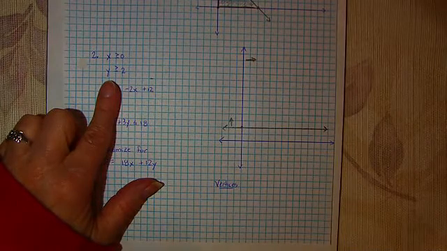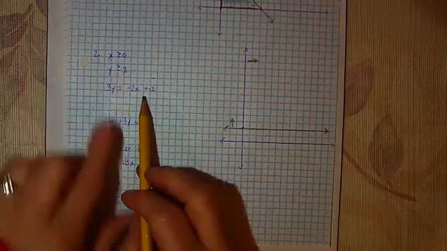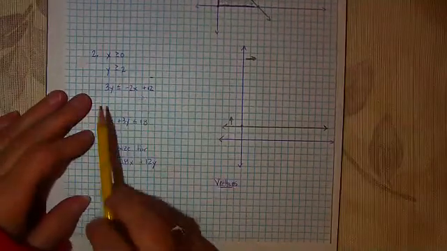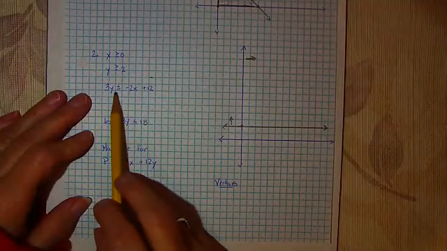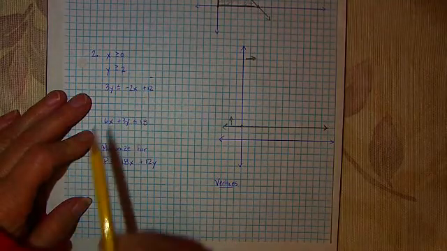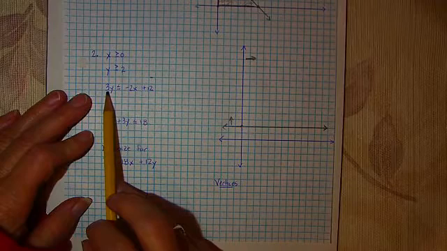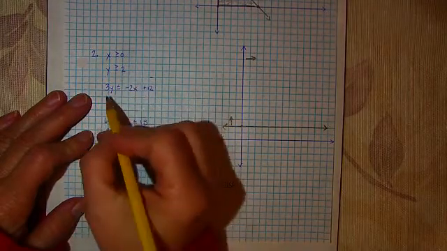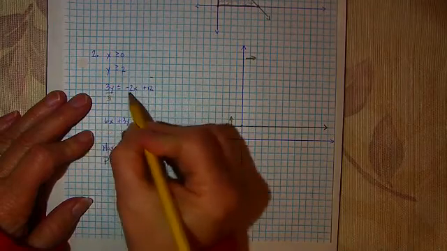Now let's go ahead and graph our third one. So we have 3y less than or equal to negative 2x plus 12. We do have one tiny little step. To get it in slope-intercept form, we need to get rid of this 3 here, so we're going to divide everything by 3.